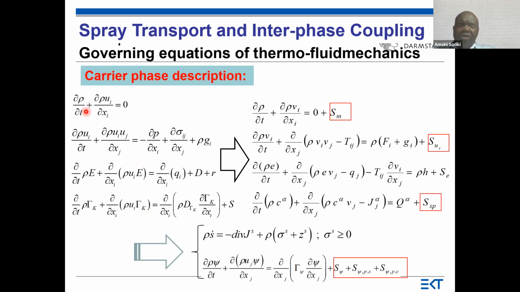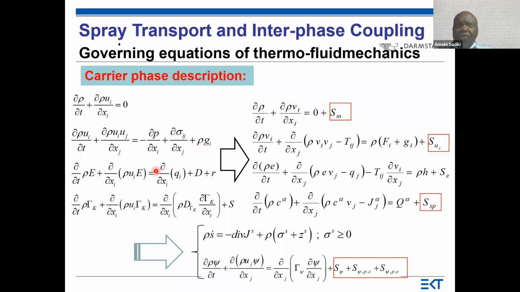I recall that this is the mass density, the velocity, and here we have the pressure, and tau, these surface forces, the scalar part and the deviatoric part, and here we had the gravitation force.